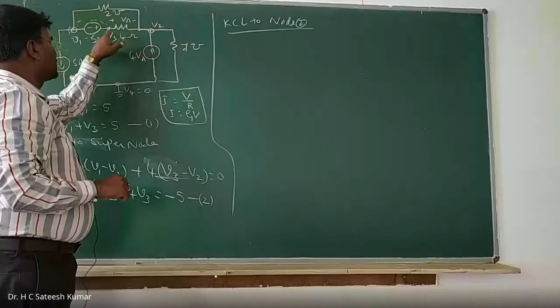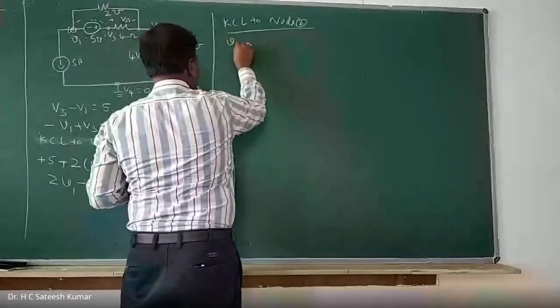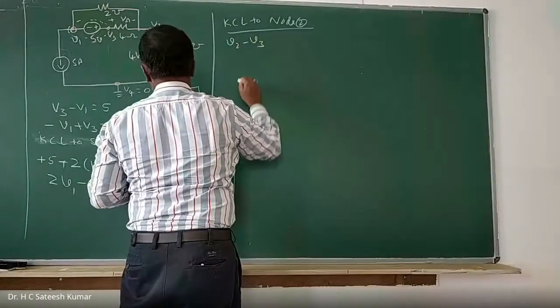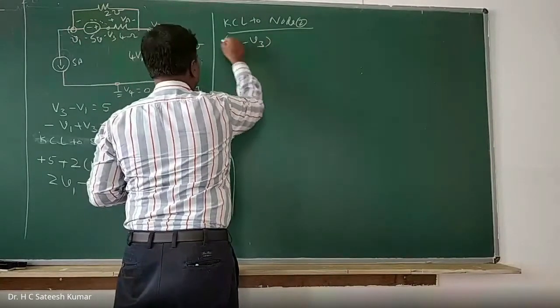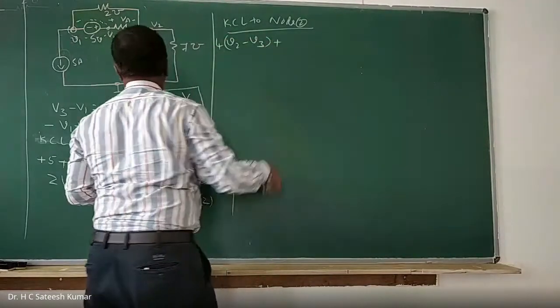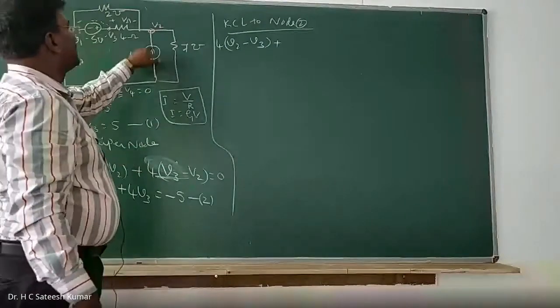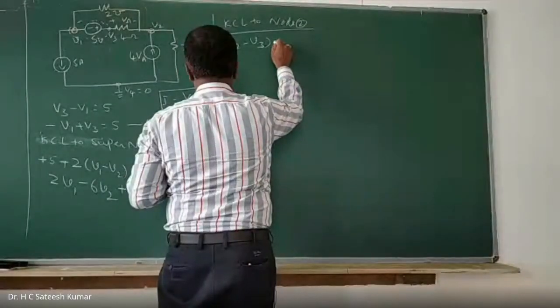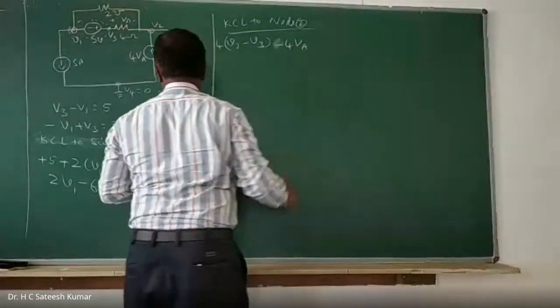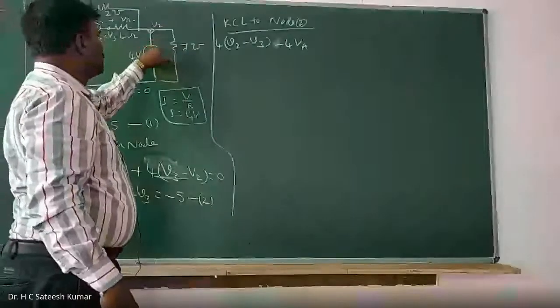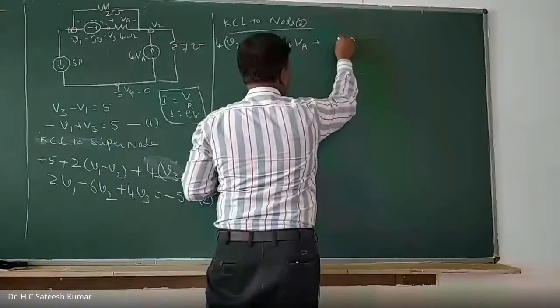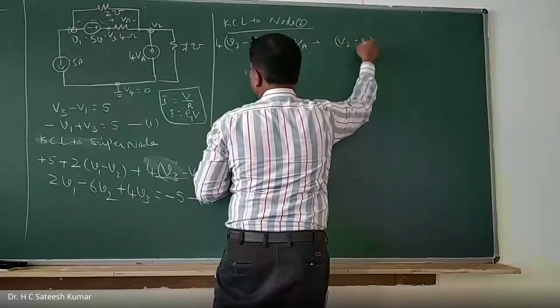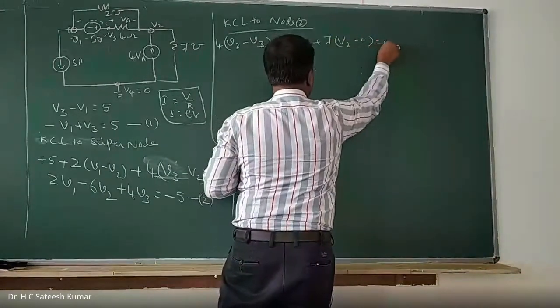V2 minus V3 into 4 plus, current is entering means what? Minus 4 VA, and next V2 minus 0 into 7 is equal to 0.